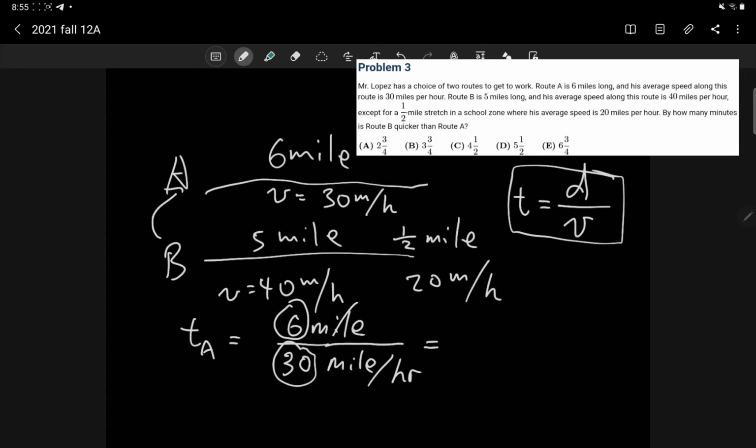So the miles cancel out, and the hours is 1 over hours in the denominator, so after you flip it, it becomes 6 over 30. The magic is you can directly do the calculations and get the unit as hours.